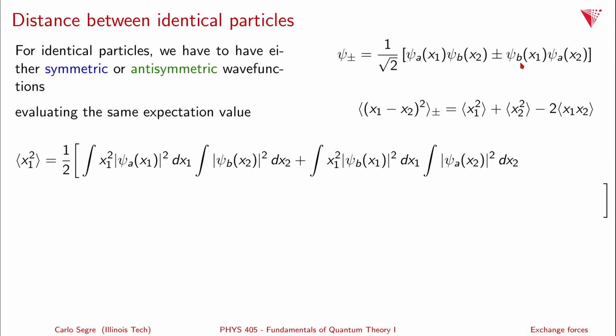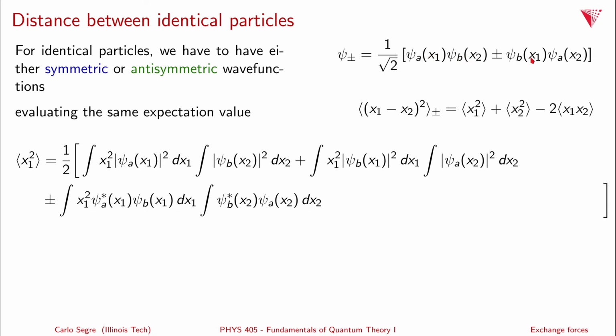And then we have the cross terms. So one cross term will be this term times this term. And now we have x1 squared psi a star of x1 psi b of x1 dx1, right? And then we have psi b star of x2 psi a of x2 dx2.